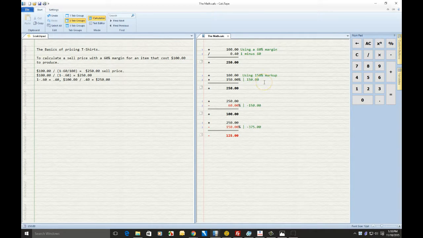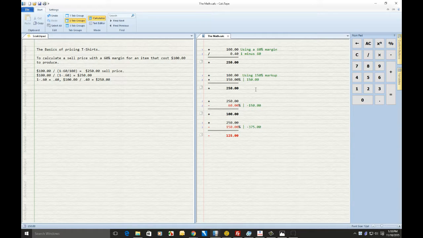Now, if we're using markups and we want to get the same thing, a 60% margin is the same thing as a 150% markup. That's why we're using a different percentage here, because we want the numbers to come out the same. So if we take our $100 and add 150% to it, so we're adding $150, we get to $250. So we end up with the same figure there.